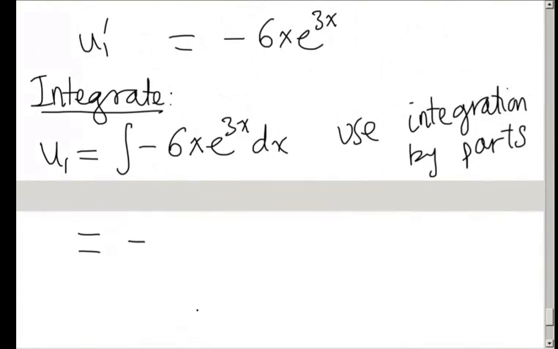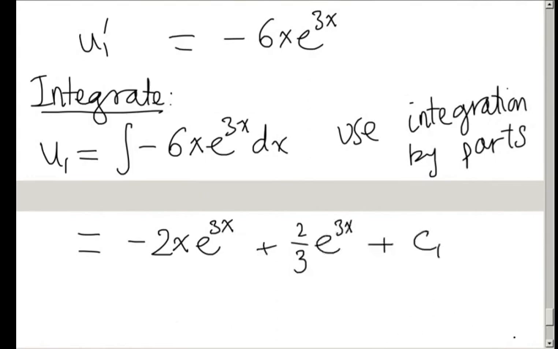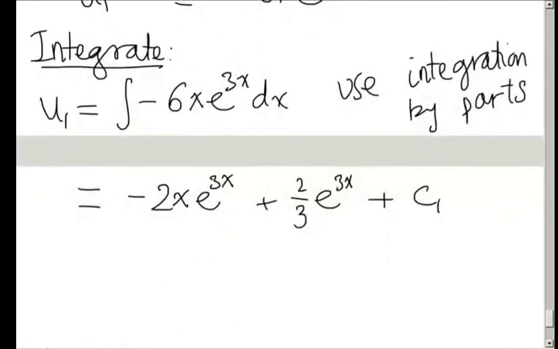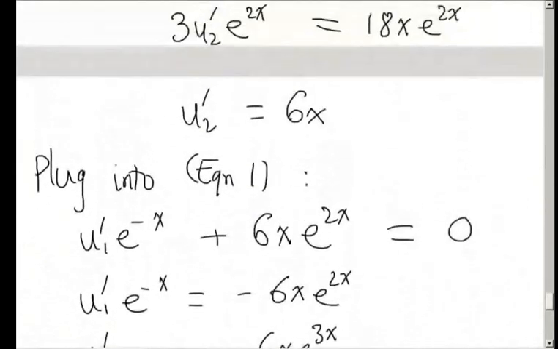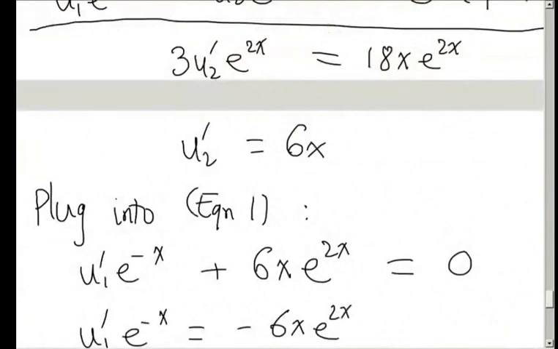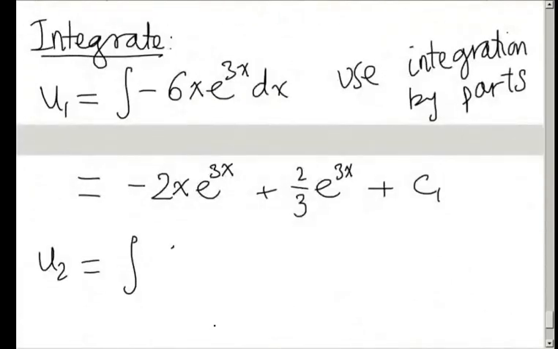We get minus 2x e to the 3x plus 2/3 e to the 3x plus c1. And similarly, u2 is the integral of 6x dx, which is 3x squared plus c2.